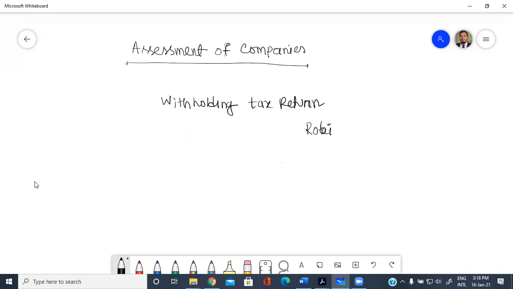The company is collecting a good amount of taxes deducted at source from their employees when it is paying salary. When Robi is paying salary to its employees, Robi is collecting TDS from its employees' salary.